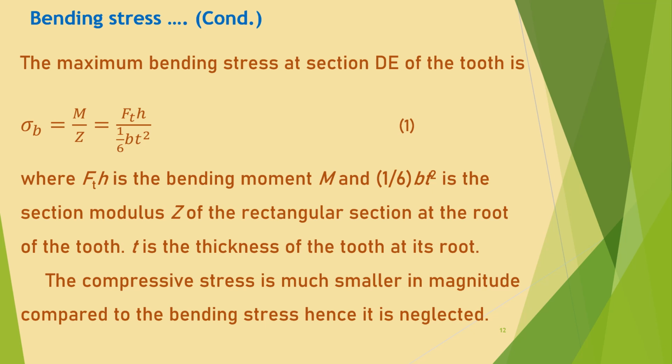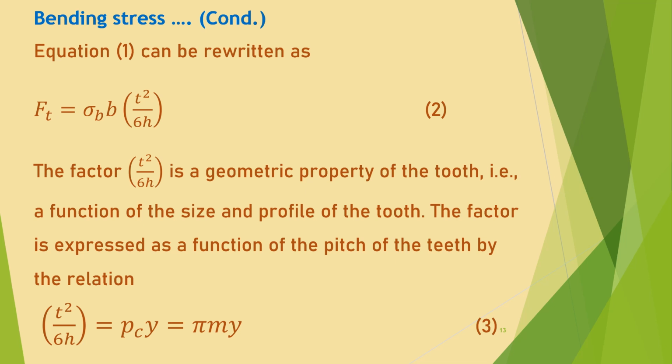It is to note that the compressive stress has been found to be much smaller in magnitude compared to the bending stress. Hence, for the further discussion and analysis, I shall neglect this. Equation 1 can be rewritten as Ft is equal to sigma b into beam width b multiplied by t square divided by 6h.